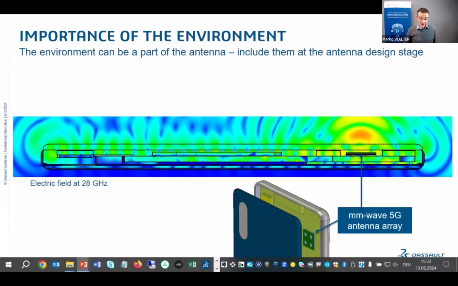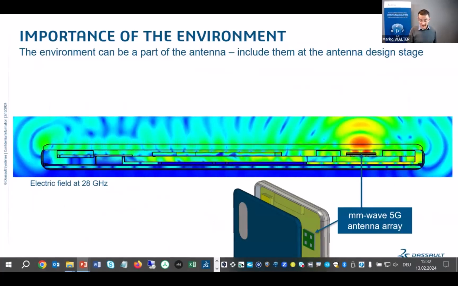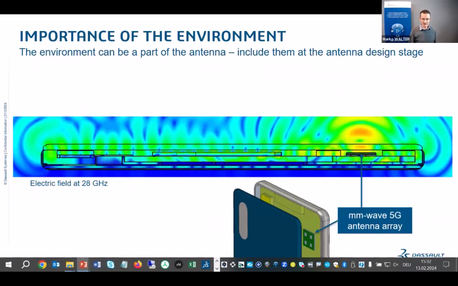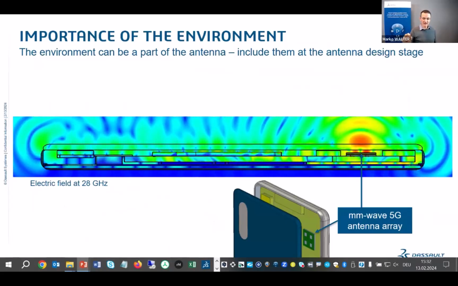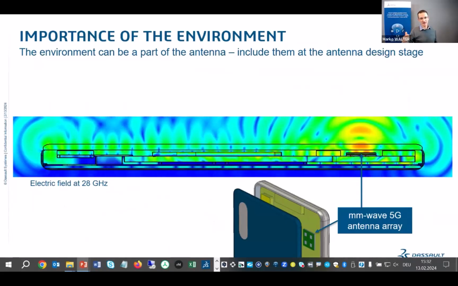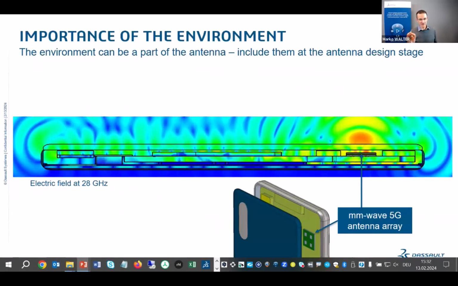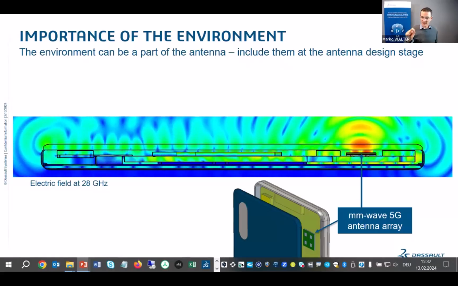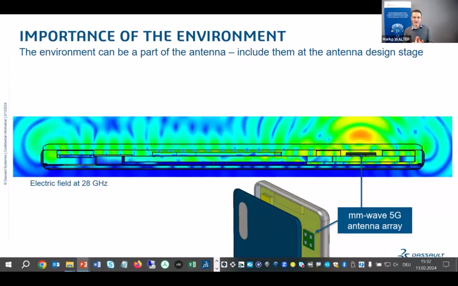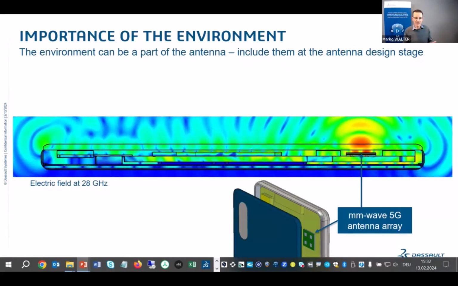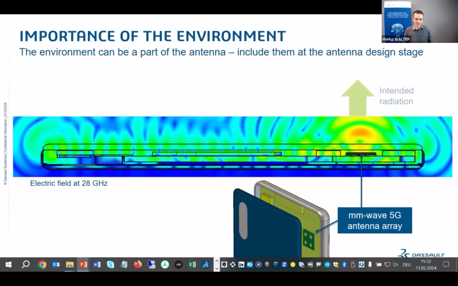So here we're looking at a 5G millimeter wave antenna array inside a phone, which is radiating out through the cover. And the point is that the phone and the cover, so the environment of the antenna, becomes a part of the radiating structure. It influences the radiation.